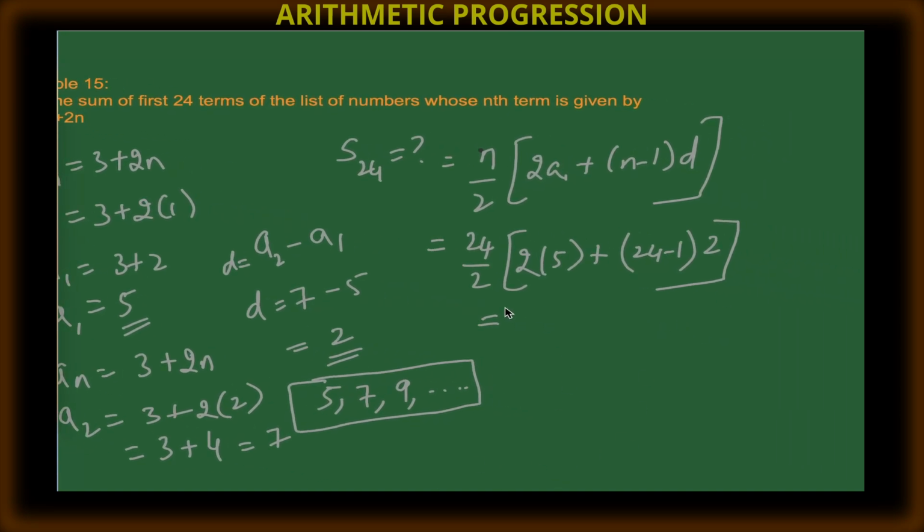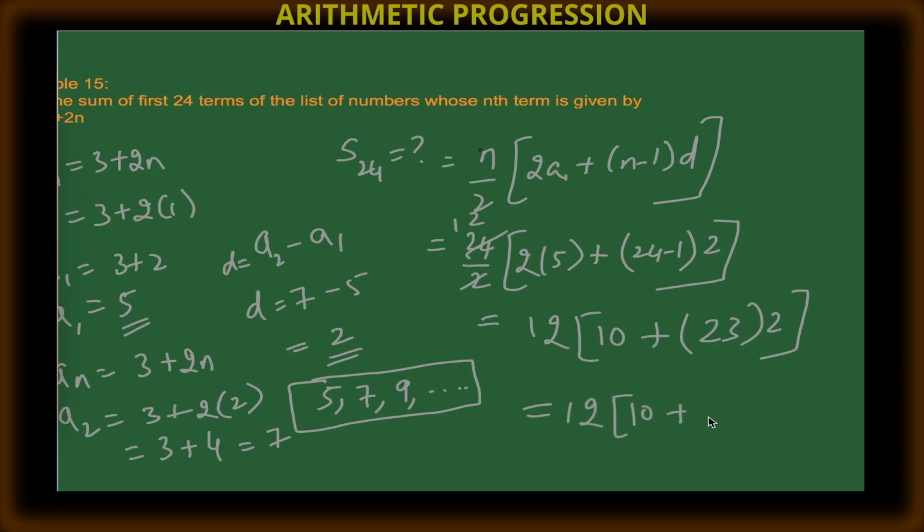Okay, so 24 by 2, it goes in 12. So 12, 2 5s are 10 plus 23 into 2. So 12, 10 plus 23 into 2 is 46, 12, 56. Let's go further.